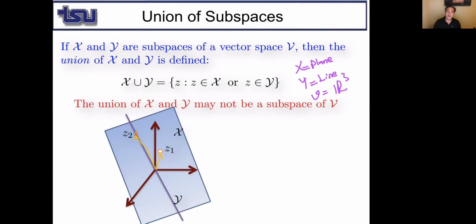Therefore, the union of X and Y is not a subspace in this case. So it's not closed with respect to vector addition. Z1 is in the union, Z2 is in the union, but if you add them up, it is not in the union. It is somewhere else, not on the plane and not on the line.